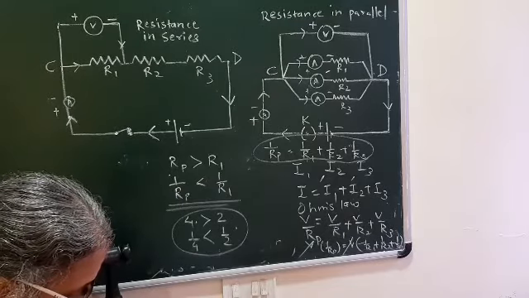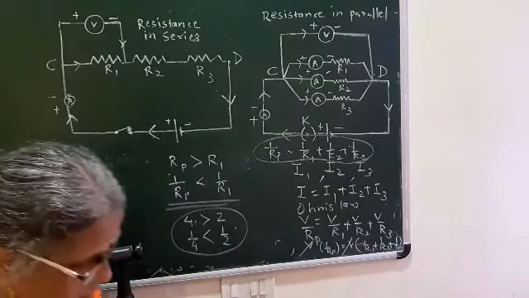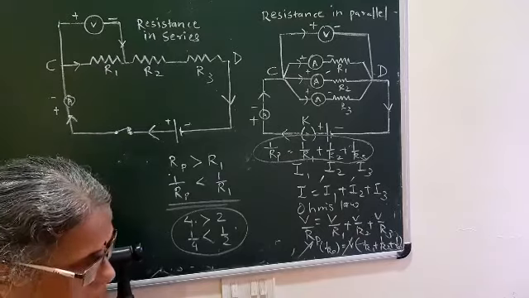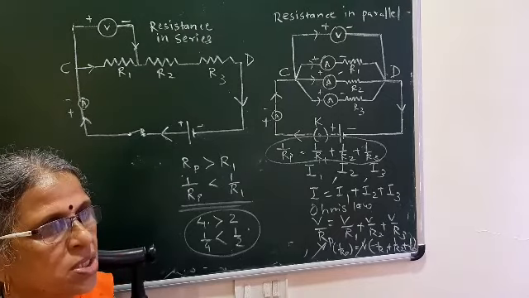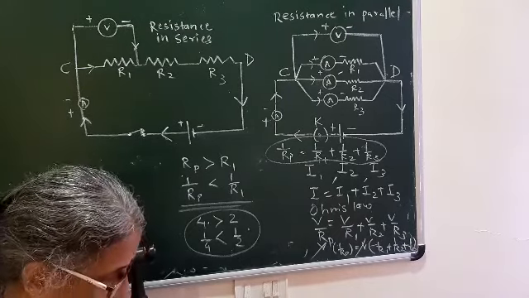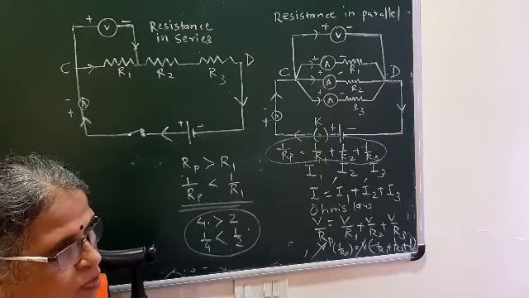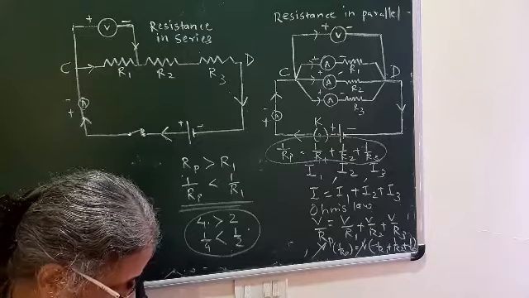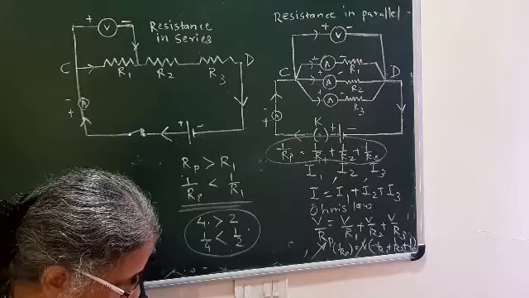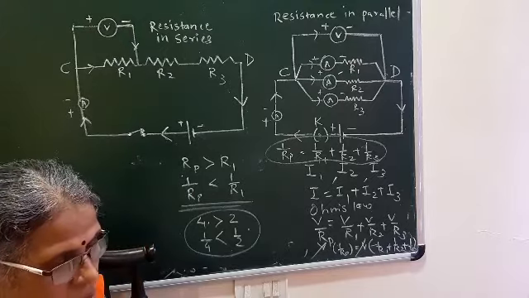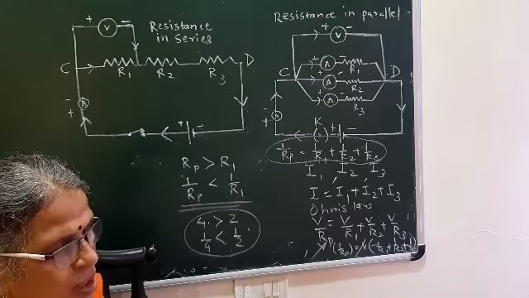So that is how here we can have the reciprocal of the resultant resistance less than the reciprocal of the individual resistances. So here they have given at the bottom of page number 41, even if any one of the several bulbs connected, so whenever we are having the domestic connection, we are going to have the connection in parallel, not in series, because whenever we are having connection in parallel, if any one of the appliances stops working, then as the current flowing through them is not the same but the potential difference is the same, the instrument which has the fault will stop working, while the remaining instruments continue to work.